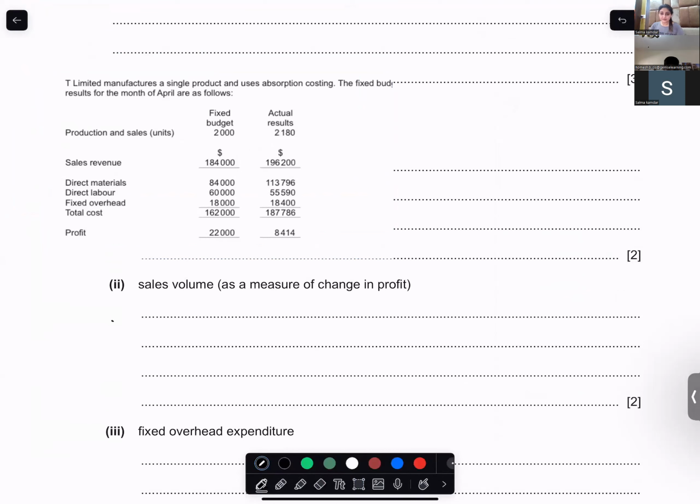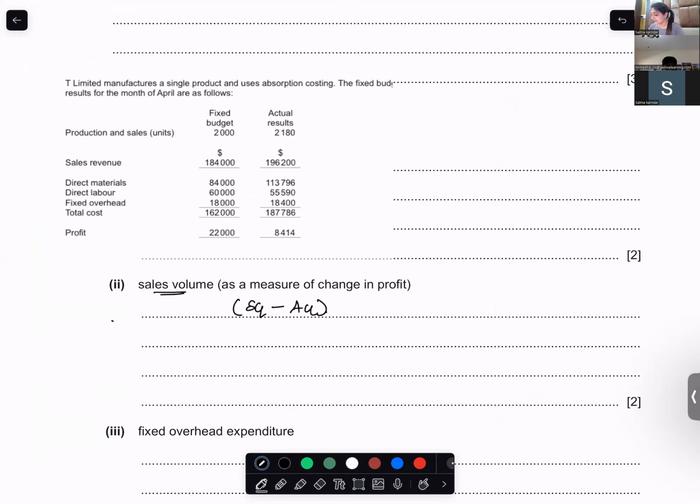As a measure of change in profit. Formula for sales volume. Sales volume variance is standard quantity minus actual quantity into standard price.